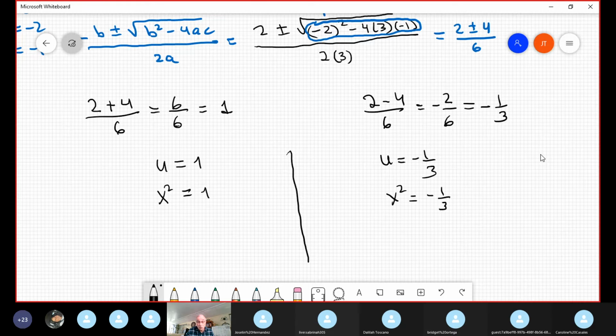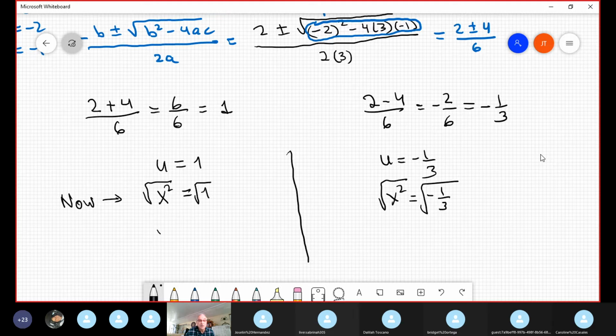Entonces, right now, I have two quadratic equations. But these are easy quadratic equations that you can solve using the square root principle, the square root method.